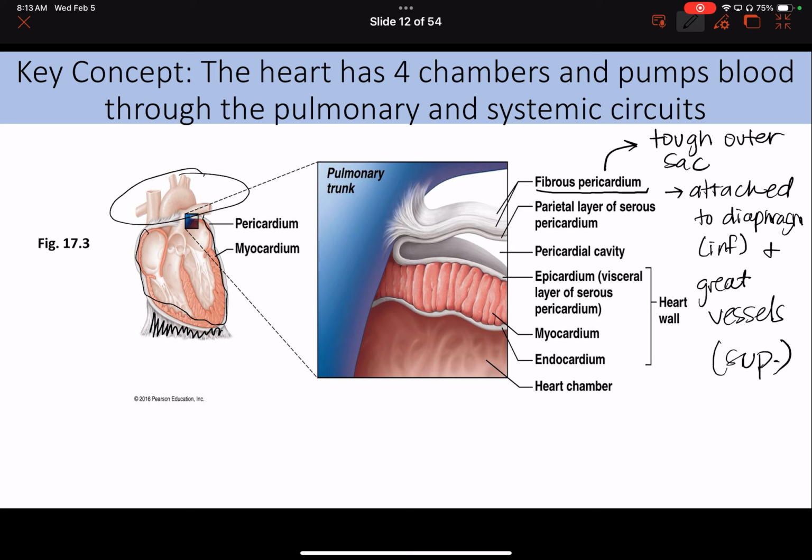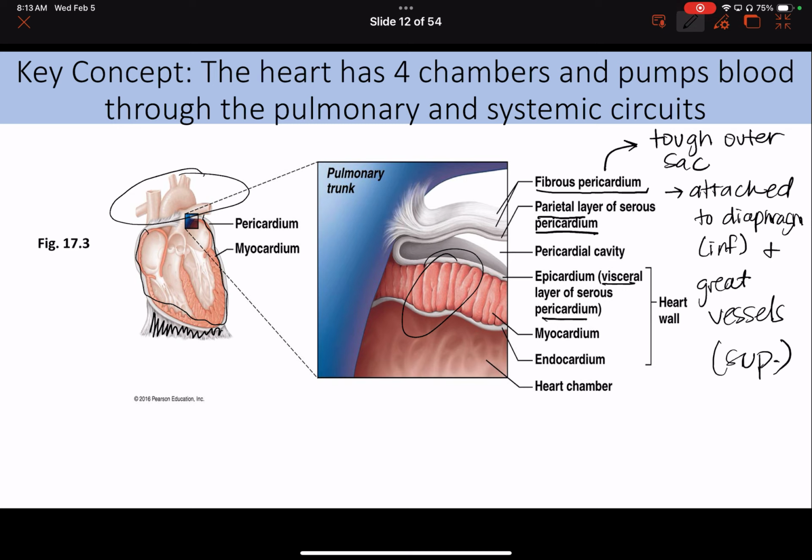And then we have these serous layers that you should already be familiar with. We have the parietal layer, or the parietal pericardium, that's going to line the mediastinum that it sits in. Then we have the visceral pericardium. And one thing about the visceral pericardium, it actually has two different names depending on what we're talking about. So two kind of different structures are the pericardium on the outside of the heart, and then what we're going to talk about later is the actual heart wall.